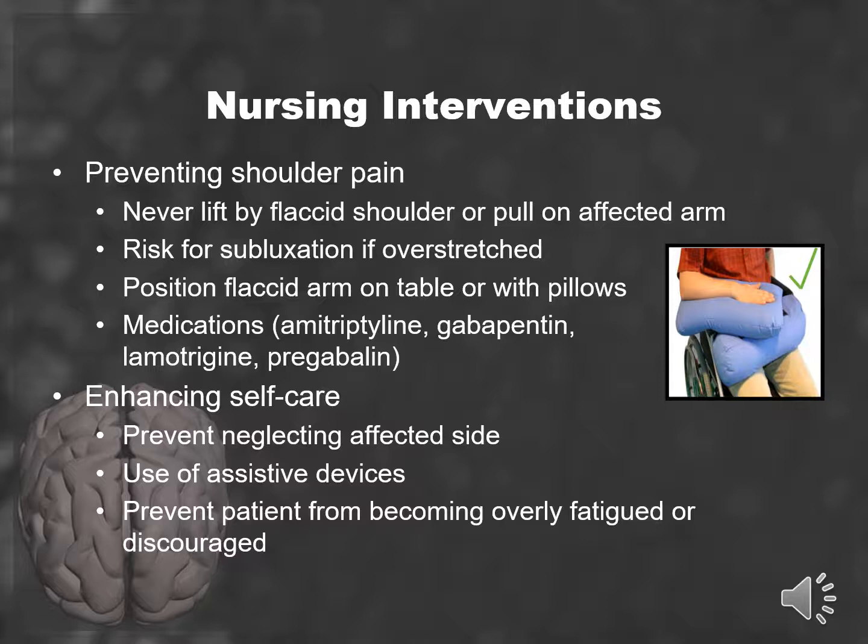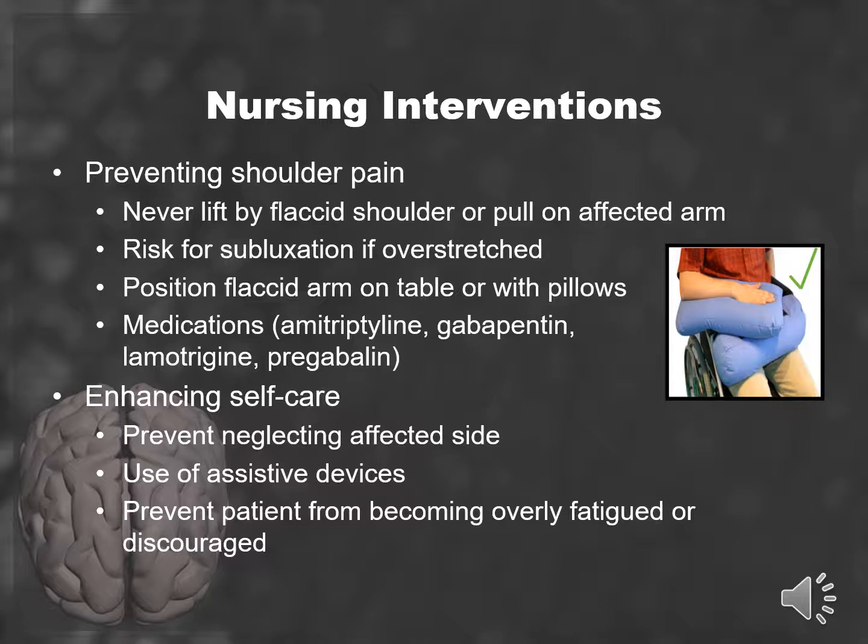When they're positioned in a chair or at a table, as you see in the picture, we want to prop that arm up so that it's not just hanging. Sometimes the patient can forget that side is there, depending on which side their stroke is, and it can just hang, and because they can't really feel it, they don't know that they could potentially injure it.